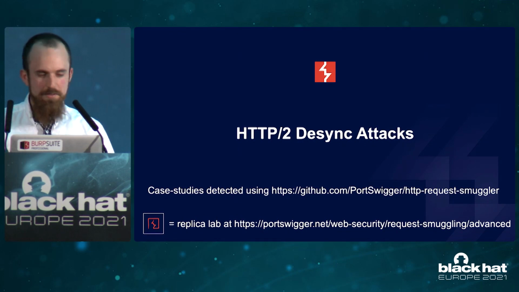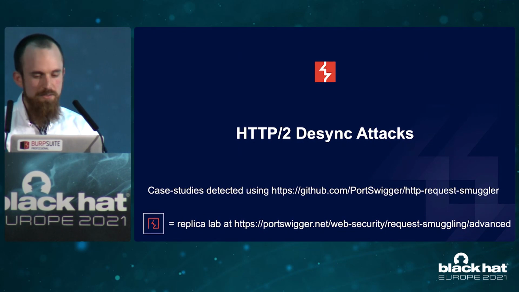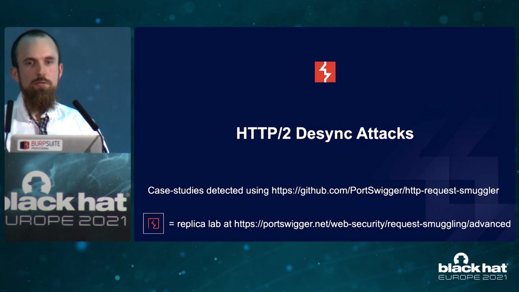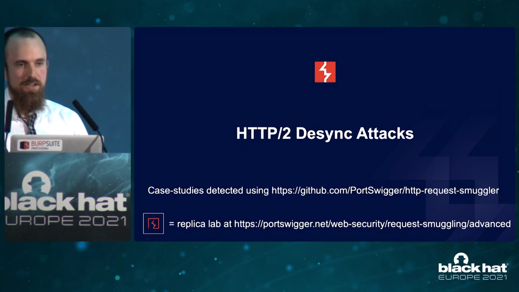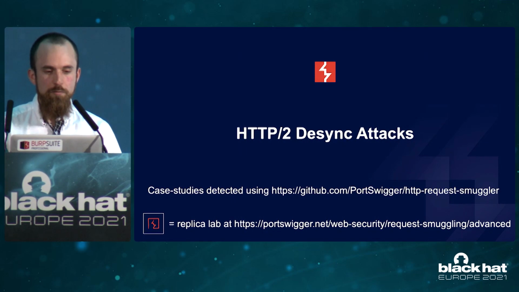And if you see that squiggle icon at the bottom, that means that there's a live online replica of that vulnerability on our website that you can spin up for free and practice this hacking technique for yourself, just to get familiar with it in a safe environment that won't affect any real people.